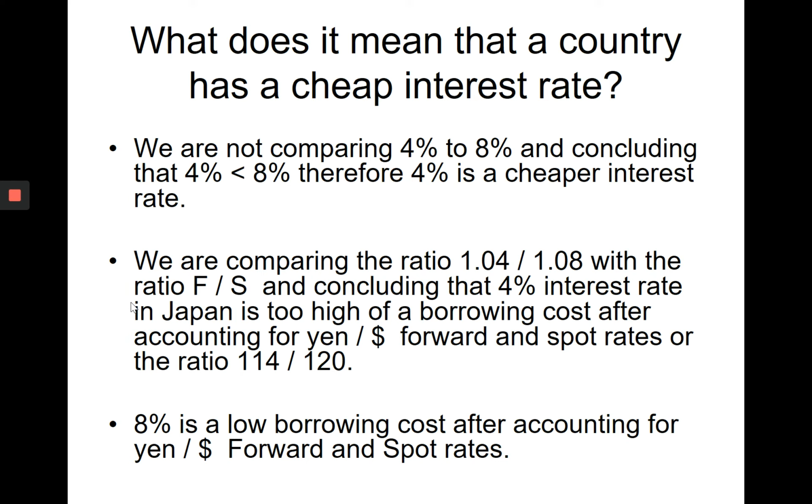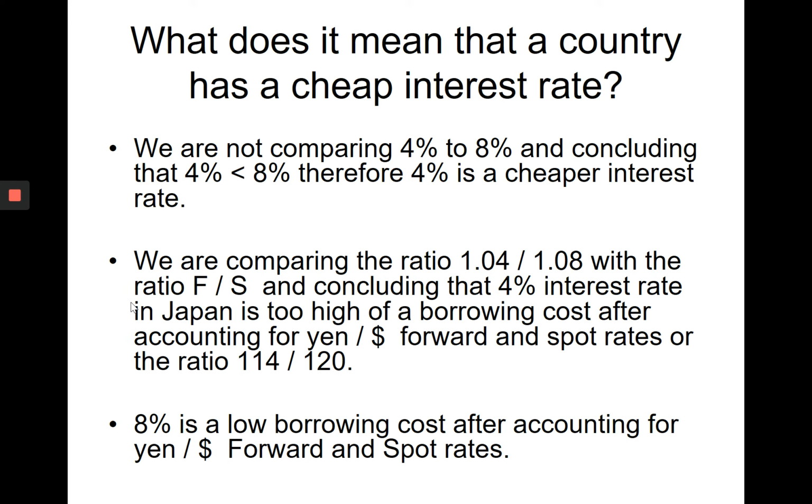So the moral of this story is in international finance and economics, we are not allowed to compare cost of capital, cost of borrowed capital in one currency against the other currency, just looking at percentages. We have to also consider what happens to depreciation or appreciation of currencies in the future.